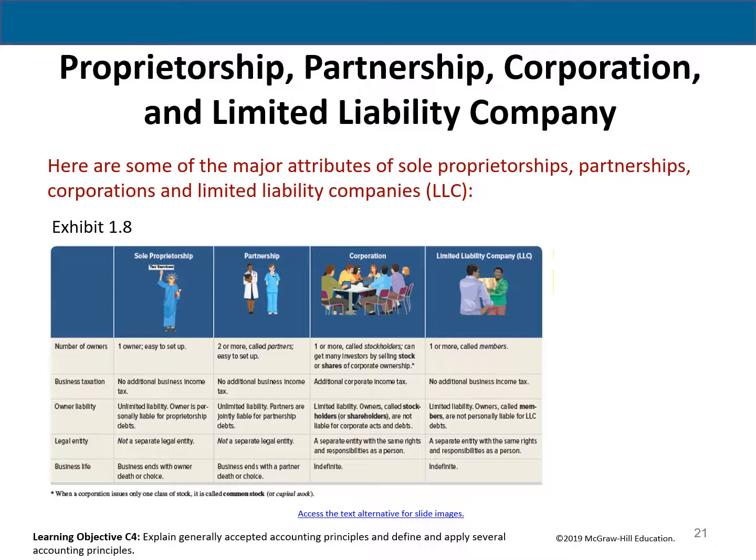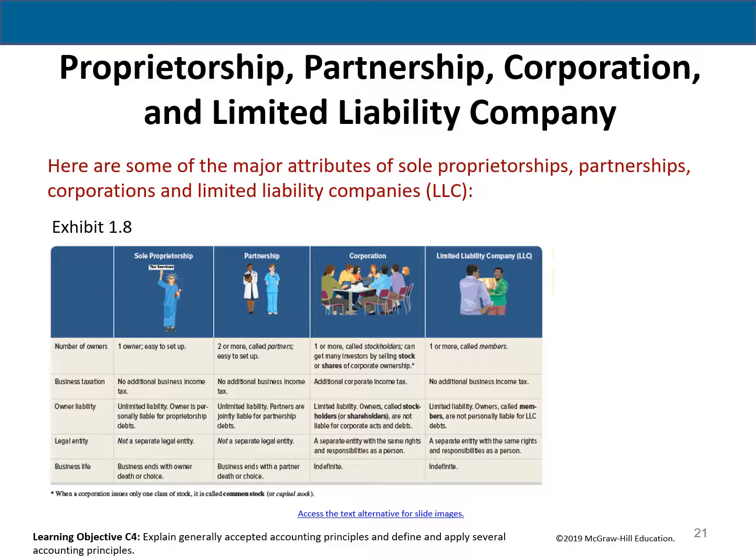So there's limited liability to the owners or members, and it's a separate entity, so it goes on indefinitely. These were really created to help the tax situation of small companies so that there wasn't additional business tax, but there was protection from liabilities for the owners.